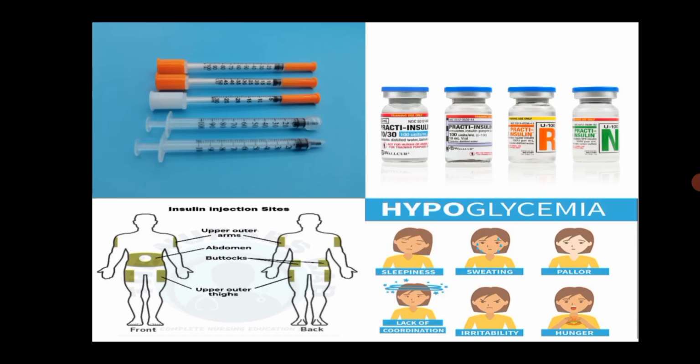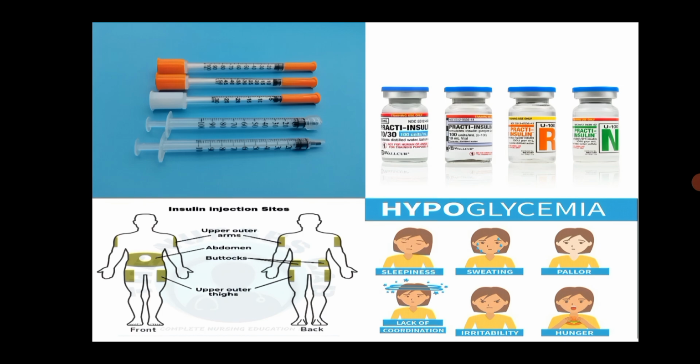Remember, I said insulin is mostly given subcut, so you pinch the skin a bit so that you are able to give at an angle of 45 to 90 degrees. So don't pinch much, just a bit. And then you inject insulin slowly. You do not rush. Then remove the needle safely, and also dispose of the sharp properly.